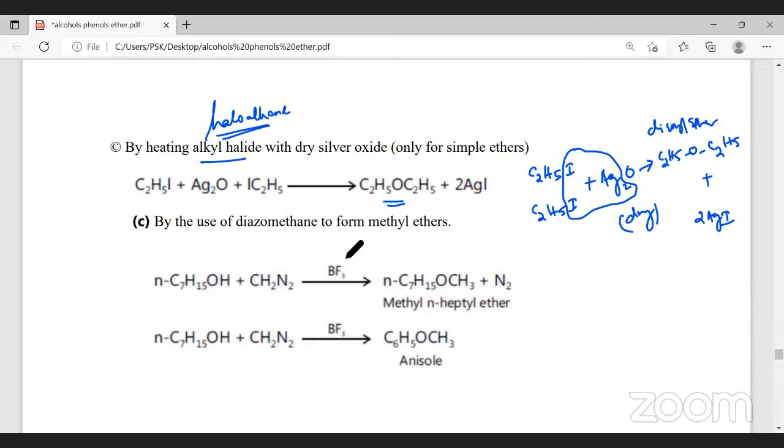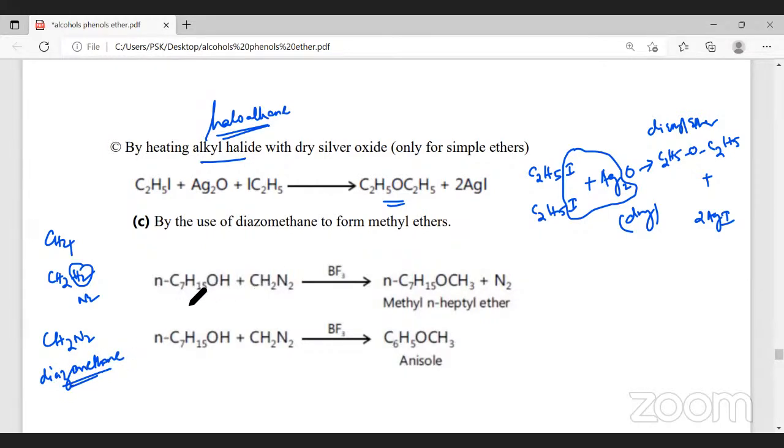diazomethane to form methyl ethers. Diazomethane. Azo stands for nitrogen. Di stands for two nitrogens. So methane is CH4. Now CH2, H2 we write. If these H2 are replaced by N2, then we get CH2N2. This is called diazomethane.